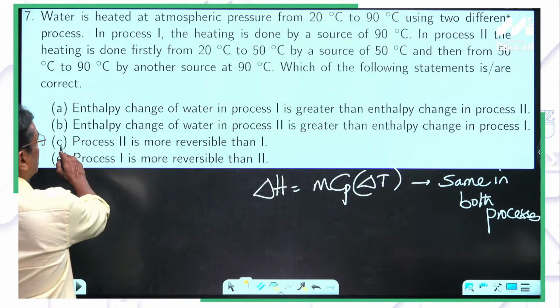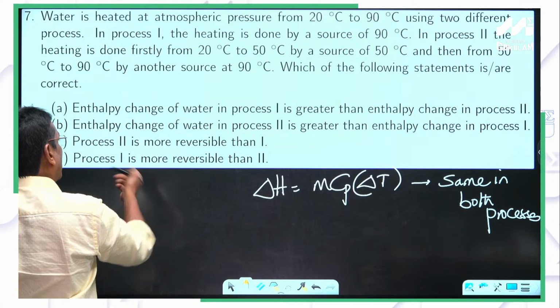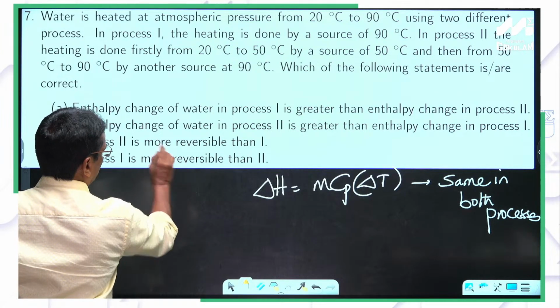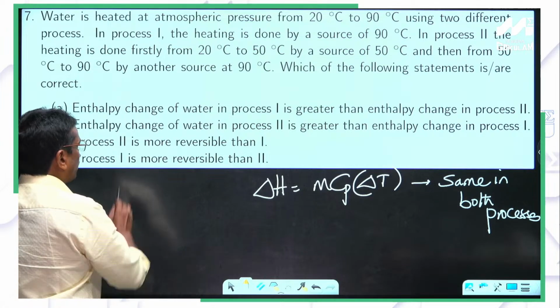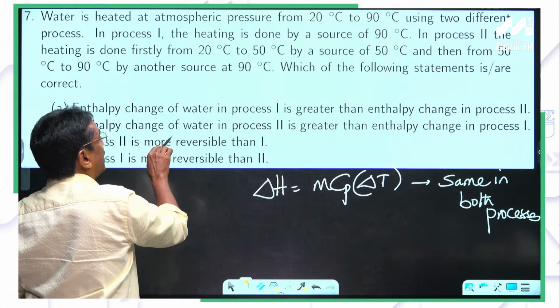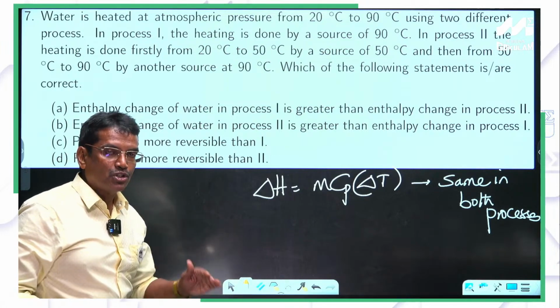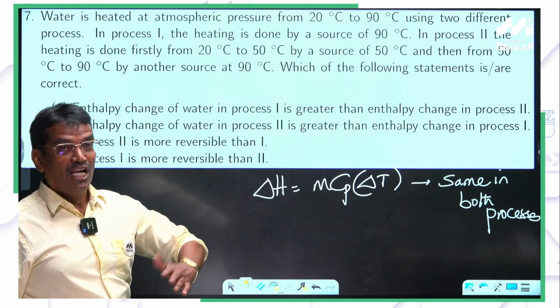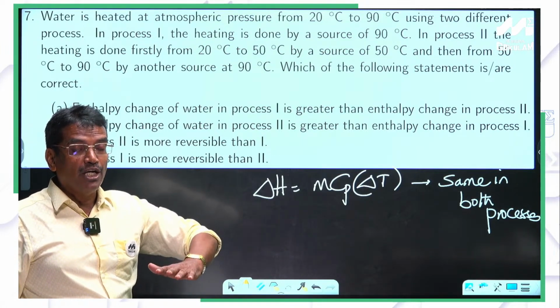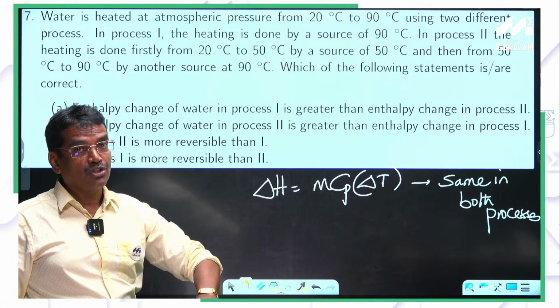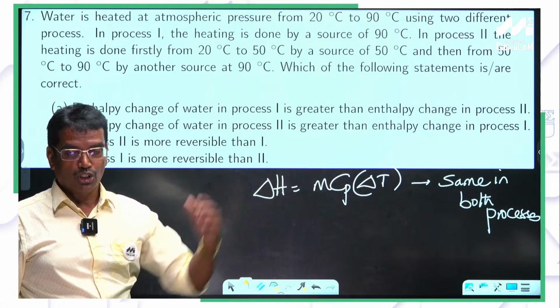Process 2 is lesser irreversible than process 1. Saying 'more reversible' is not precisely correct. If you write it like that, it is correct. The irreversibility during the second process is lesser as compared to the first one.